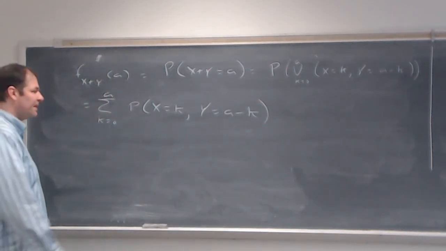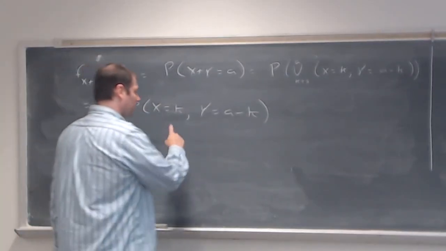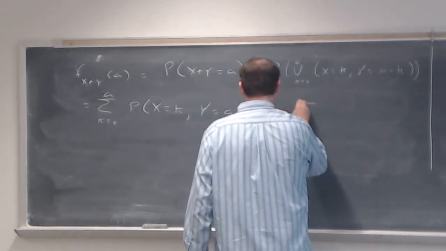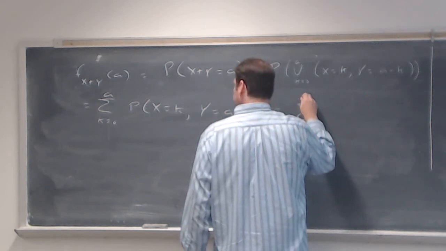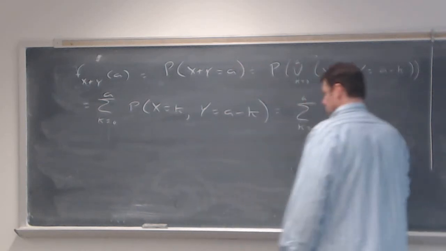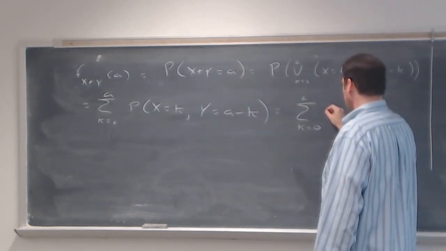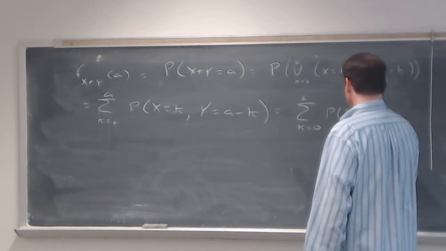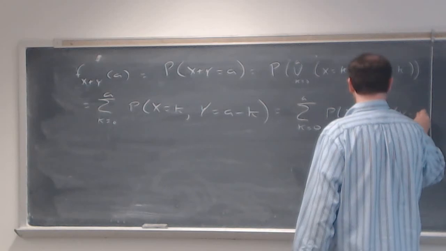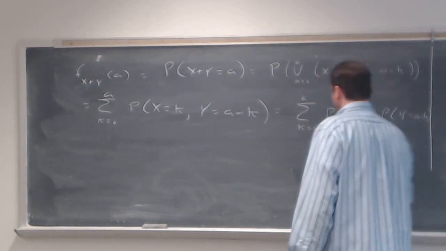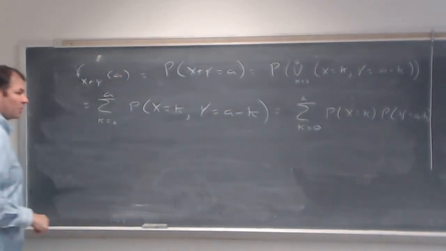Now we have independence, so the probability of these two events happening is the sum, k runs from 0 to a, of the probability x is equal to k, times the probability y is equal to a minus k. And these are Poisson random variables, x and y are.